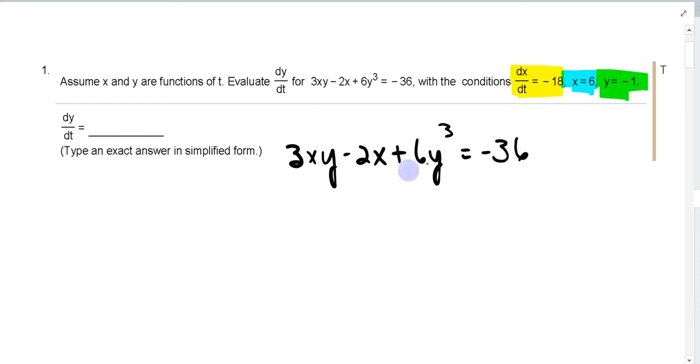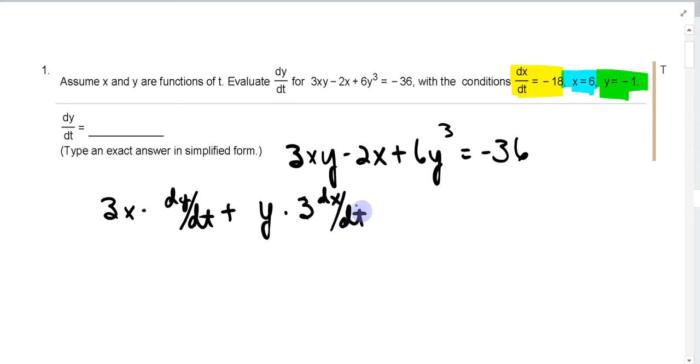We can tell this is a crazy function. It's not in y equals form, so we're going to use implicit differentiation. We also need to know that this is a product, so we have to think about that as we write this down. So 3x times the derivative of y, which is 1 dy/dt, because everything is going to be with respect to t, plus y times 3 dx/dt.